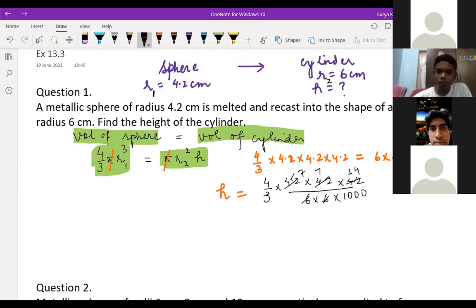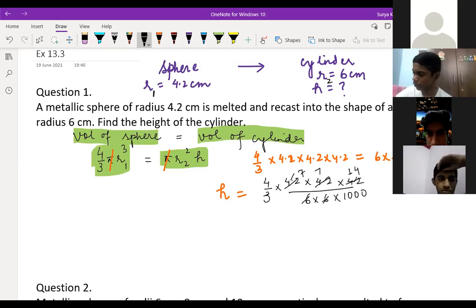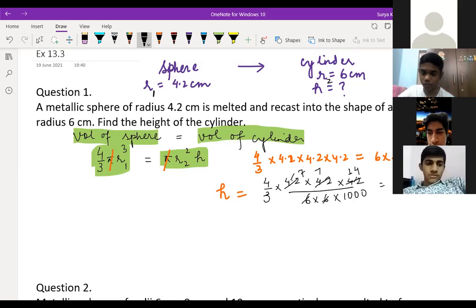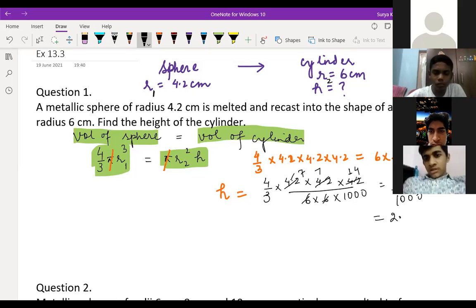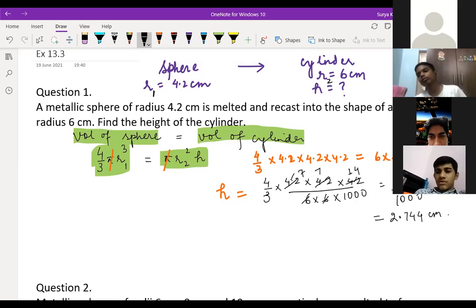Now we can multiply. 7 sevens are 49. 49 into 4 into 14, 49 into 56, right, children? 7 sevens are 49, and 49 into 56. 14 fours are 56. It will come 2744. And if you're dividing by 1000, what do you get? 2.744 centimeter. This is the height of the cylinder.